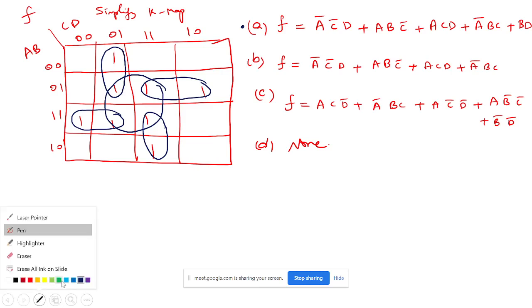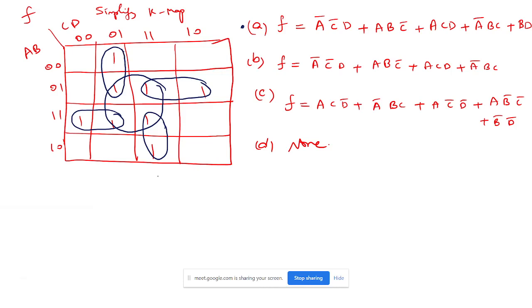So let's number them. This is 1. This is 2. This is 3. This is 4. And the bigger one is 5. Okay. So now whenever you are writing the answer, you have to consider all EPIs first.